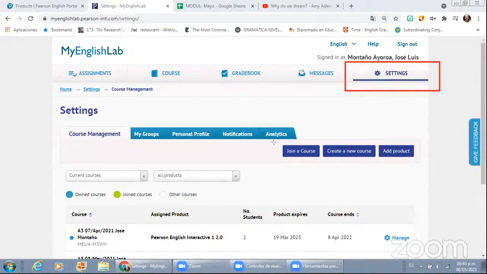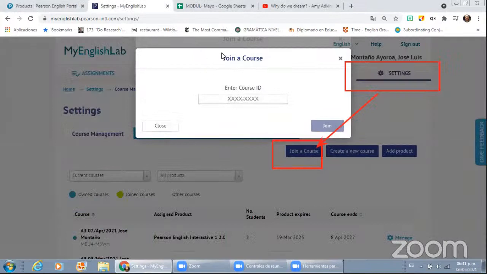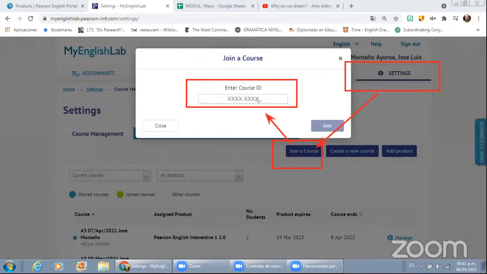When you're in settings, go to join a course. And when you are there, you click on join a course and you need to copy and paste your ID over here. That's the path that you need to follow.